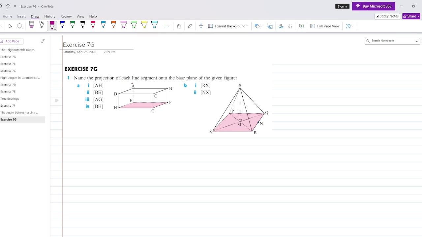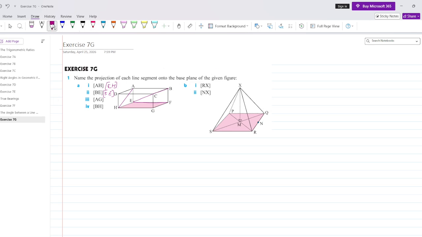Name the projection of each line segment onto the base plane of the given figure. So AH is this line, its projection is going to be EH. BE is this line, its projection is going to be FE. AG, similarly, you can do all of them.